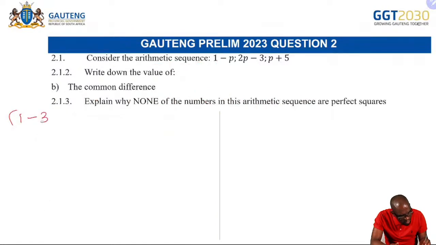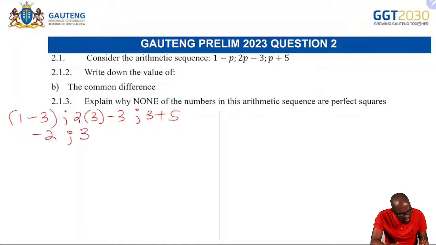This is 1 minus 3, comma, 2 into 3 minus 3, comma, you have now 3 plus 5. So this would be negative 2. This would be 6 minus 3, that would be 3, and then 3 plus 5, that would be 8.